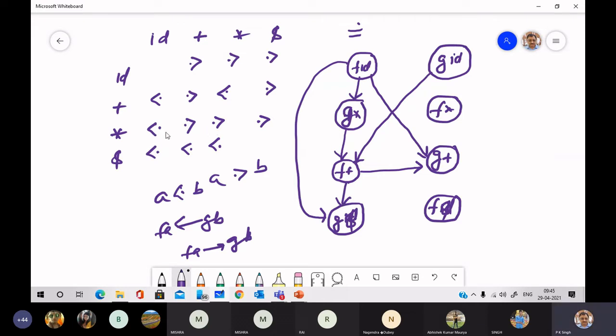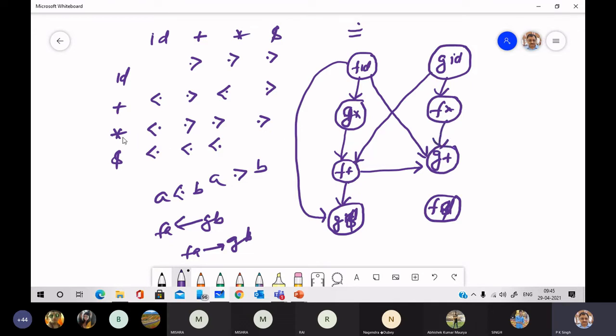Now see this asterisk row. GID to F asterisk. Then F asterisk to G plus, this.